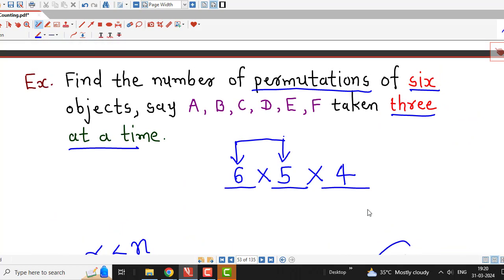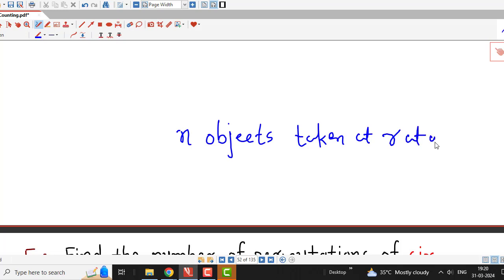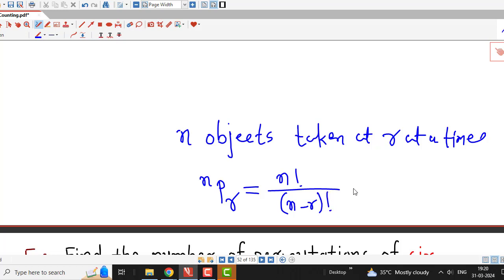So all we have to remember is that the number of permutations of n objects taken r at a time is denoted by nPr and is given by n factorial divided by n minus r factorial, or we can write n, n minus 1, n minus 2, and the last factor is n minus r plus 1 if we are arranging r objects.